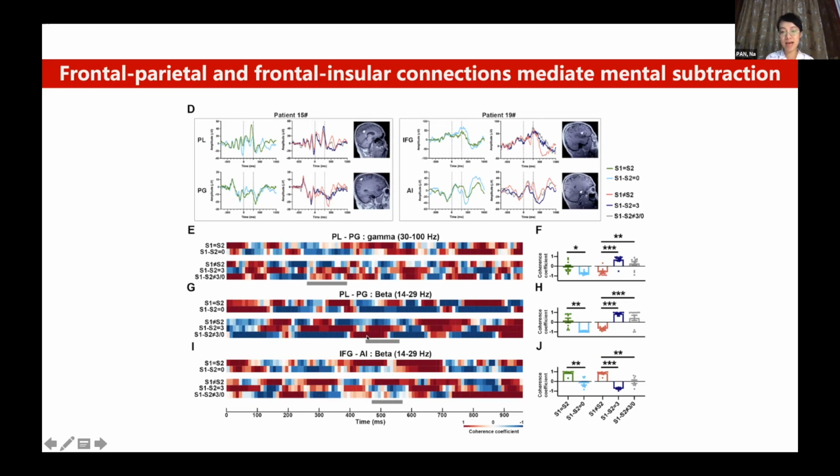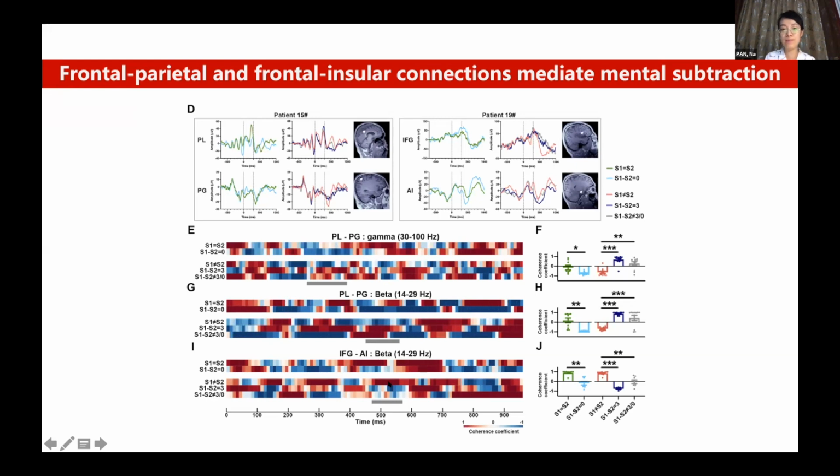And then after that, during 470 to 570 milliseconds, the beta coherence in the inferior frontal gyrus and anterior insular shows a quite significant difference between the two situations.